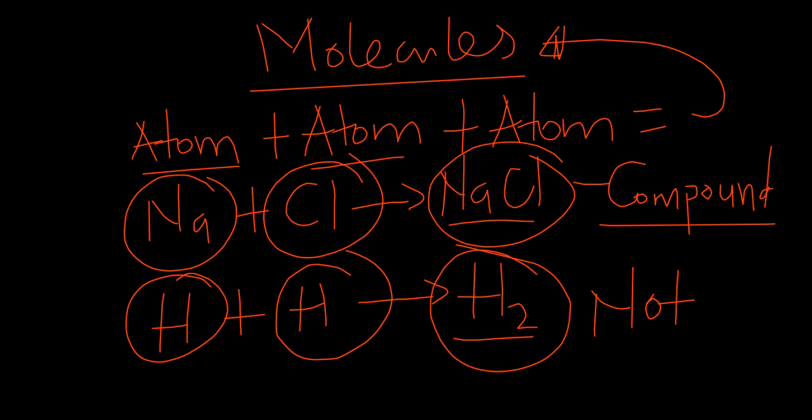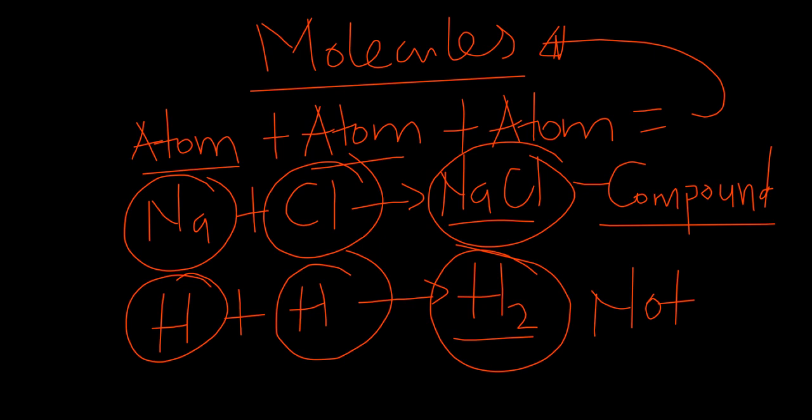So note the difference between these two molecules. We have molecules that are formed from different atoms. They are also compounds. We have molecules that are formed from the same kind of atoms. They are not compounds. What this means is that all compounds are also molecules, but then not all molecules are compounds.